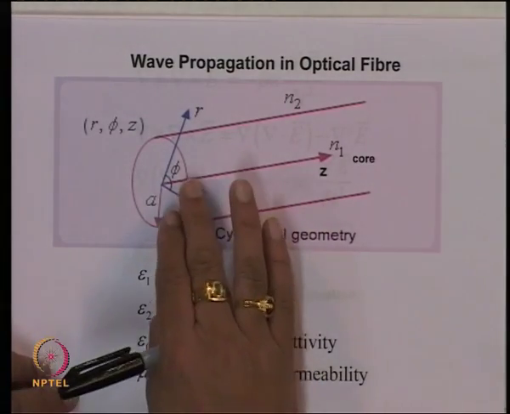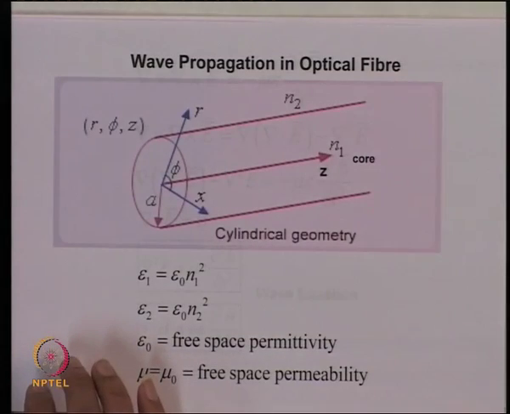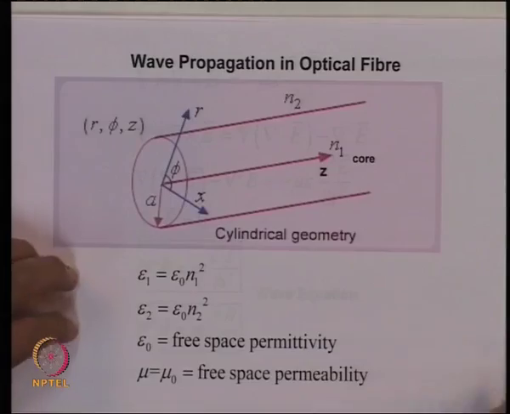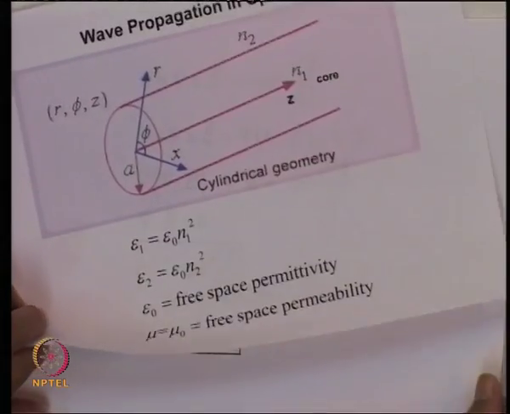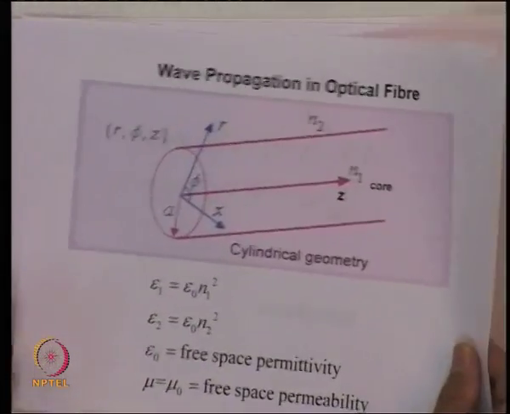The components which are oriented in the z direction, or along the axis of the optical fiber, we call the longitudinal components of the electric and magnetic fields.